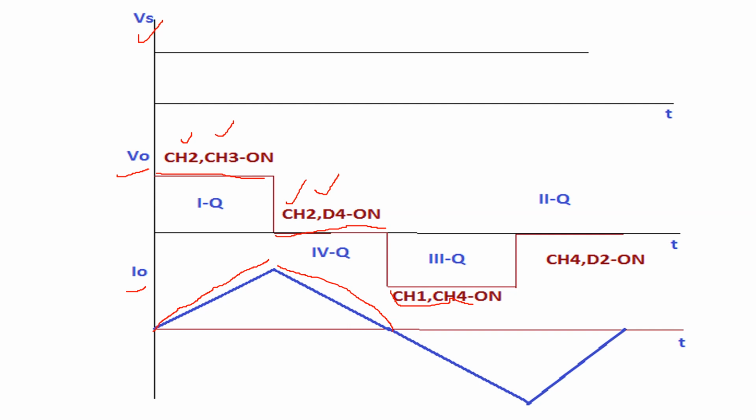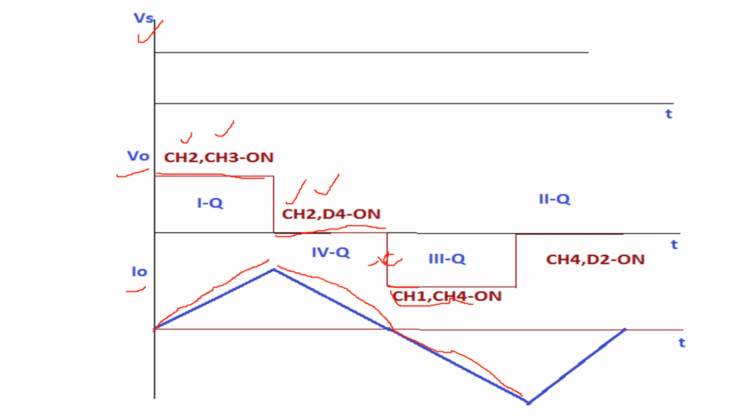Due to the conducting of CH1 and CH4, we get the output voltage which is the same as the input voltage but negative, due to the negative direction of current, and the inductor starts charging in the negative direction.